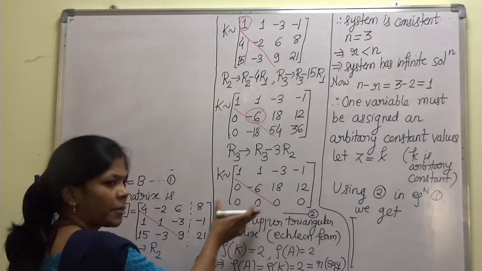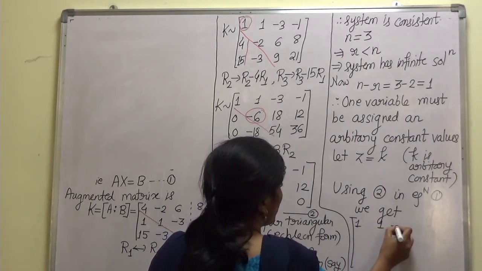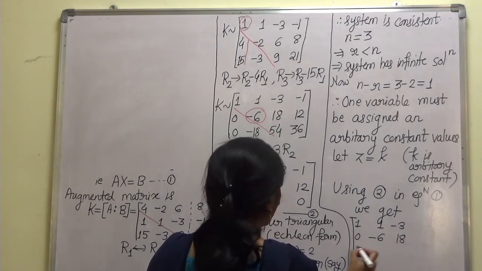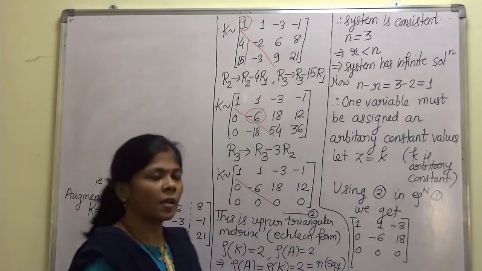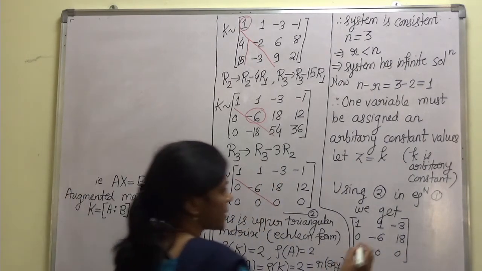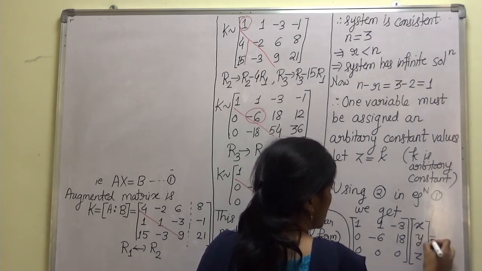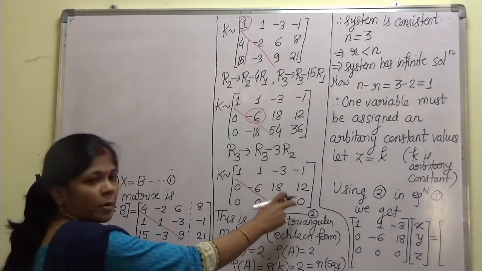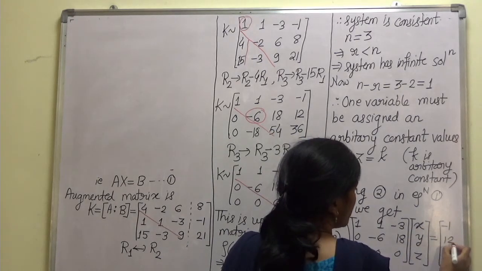Leave the last column, the remaining part is A. So that is 1, 1, minus 3; 0, minus 6, 18; times x, y, z, equal to b. B is the last column of this, that is minus 1, 12, 0.